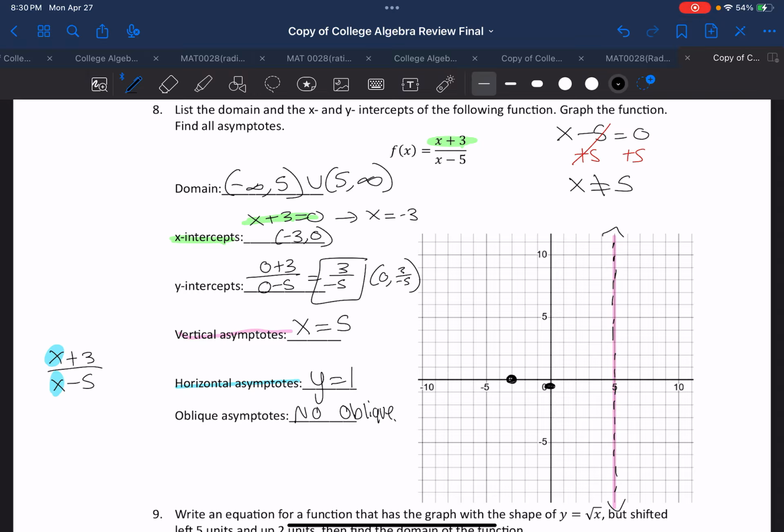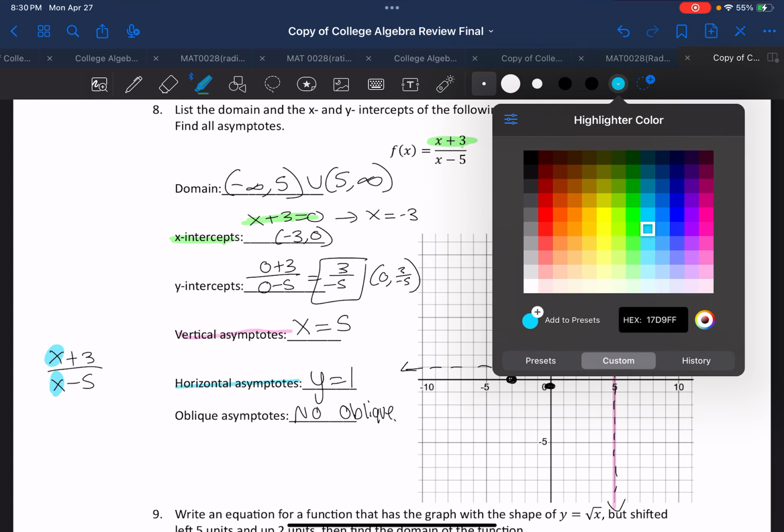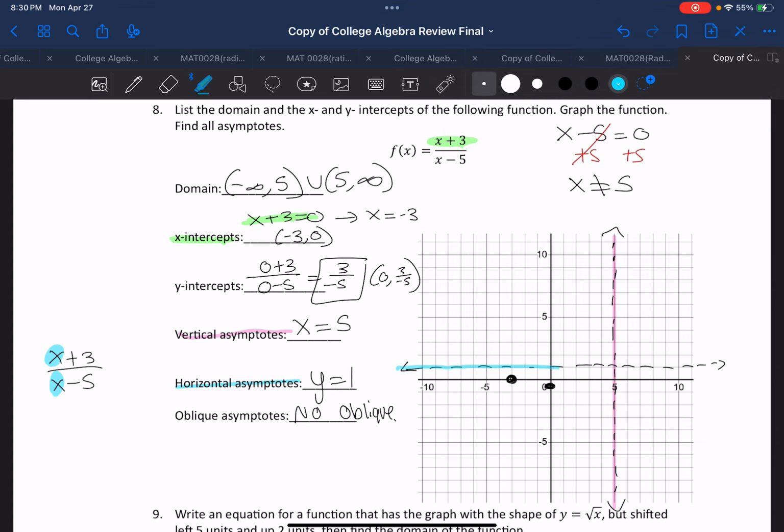The horizontal asymptote is y equals 1. Remember, a function can possibly cross the horizontal asymptote. And these lines are invisible, so they would just be dotted lines in your multiple choice answers. So you're just looking for those 2 dotted lines that line up with the vertical and the horizontal asymptote.